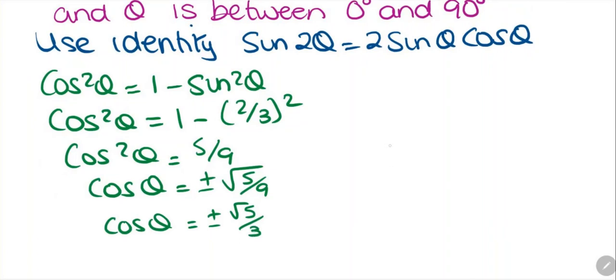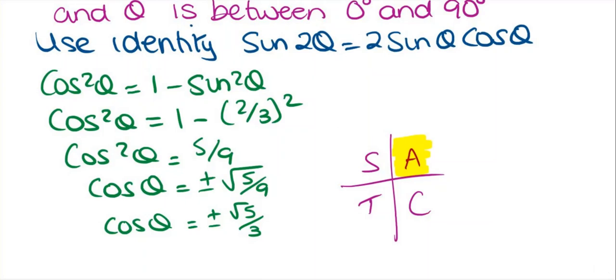Now if we look at our CAST diagram, and we are looking for an angle which is between 0 and 90, we know that everything is positive in quadrant 1. So cosine of theta will be positive, so we're going to take the positive value.